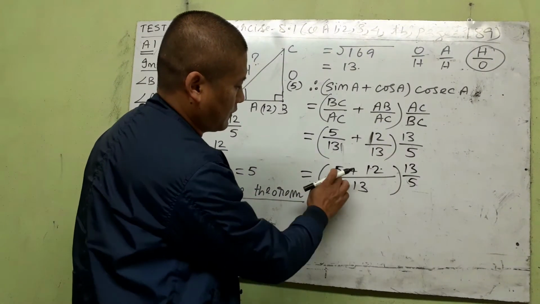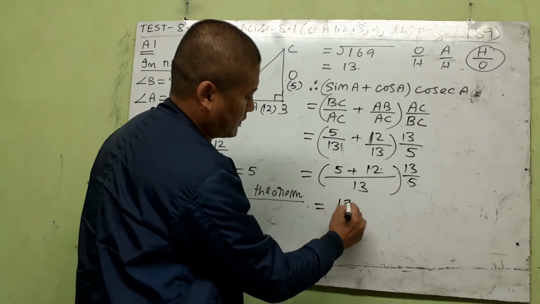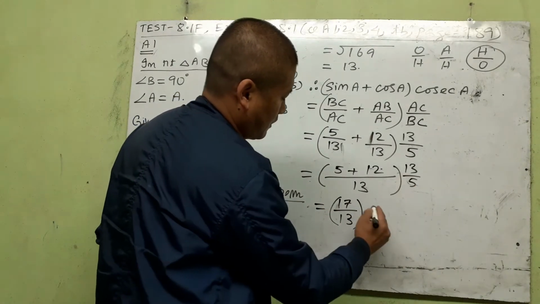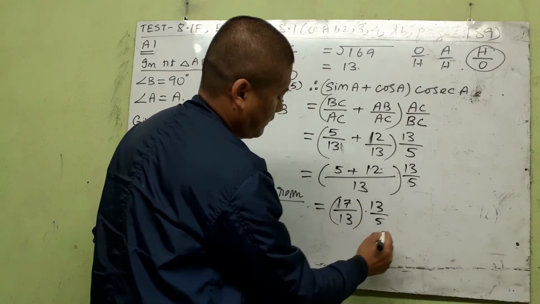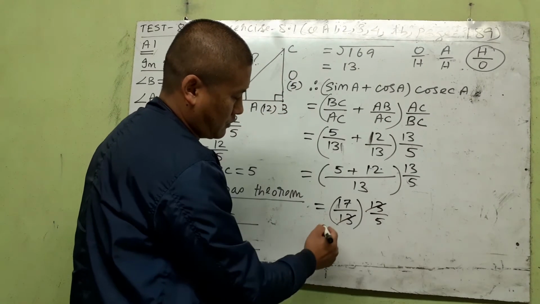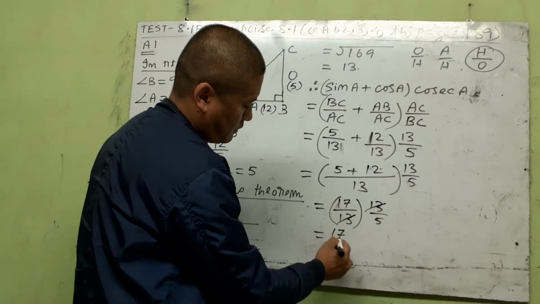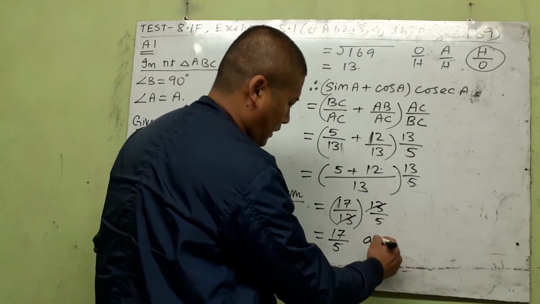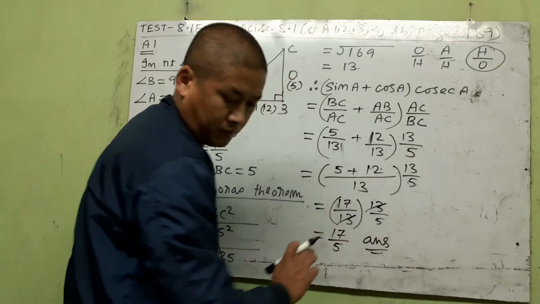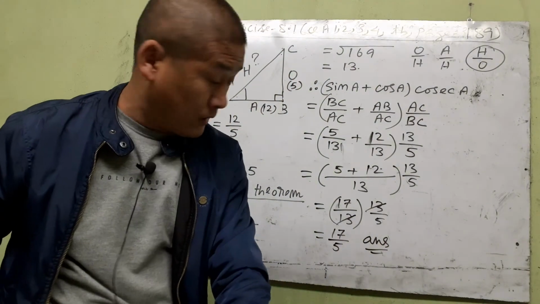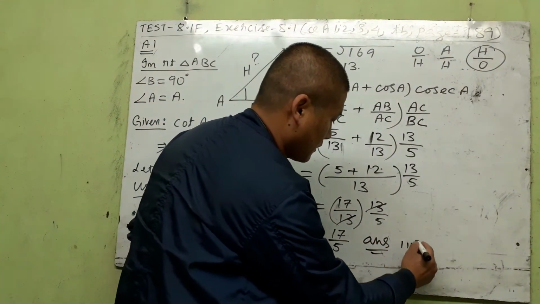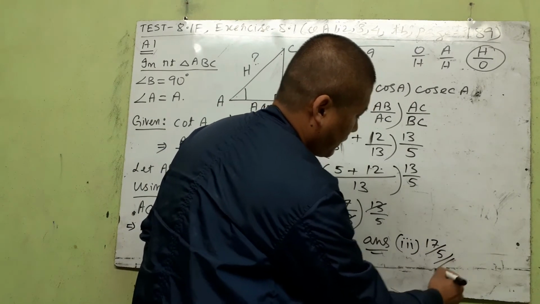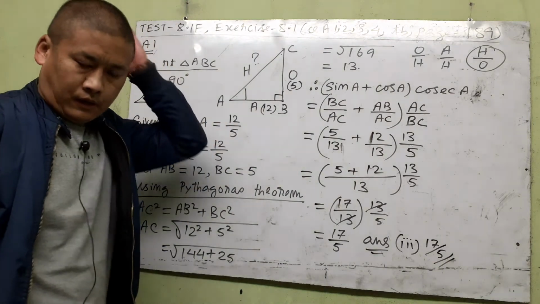So 5 plus 12 is simply 17 by 13 into 13 by 5. The denominator 13 and numerator 13 cancel, leaving you with 17 by 5. So the answer choice that matches 17 by 5 is option 3. That is the textbook answer. 3 is the right answer, 17 by 5. Okay, I hope you're getting it.